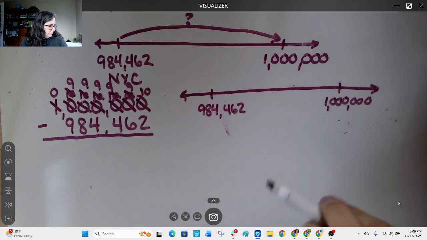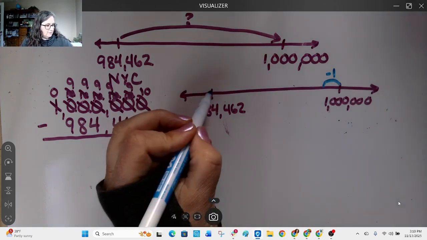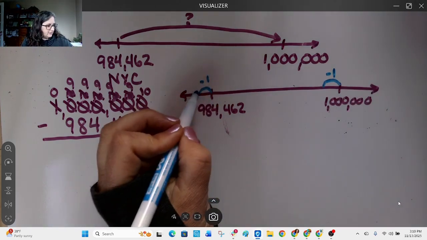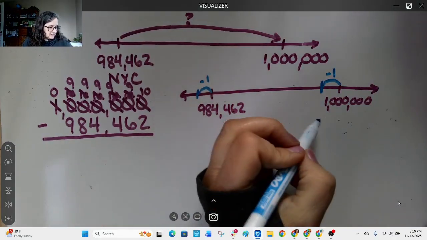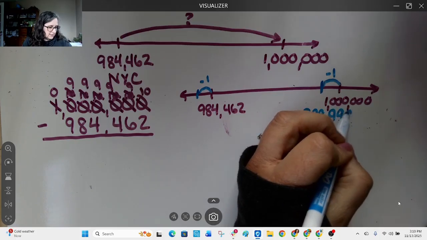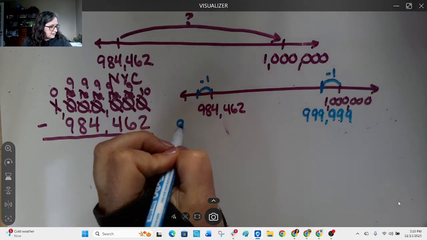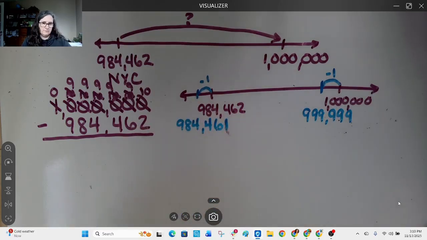If I move both points just one to the left, that will give me one less than each of those, which is 999,999 and 984,461.